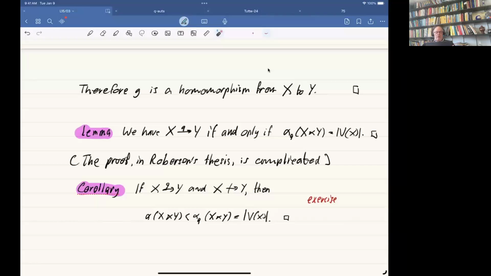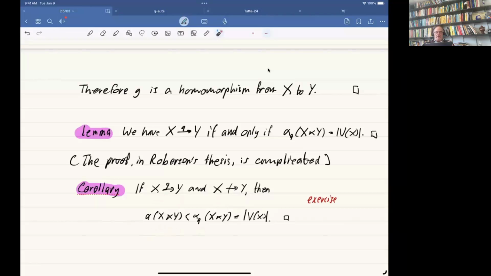Now, a corollary of this is that if there's a quantum homomorphism from X to Y, but no homomorphism from X to Y, then the coclique number of the homomorphism product is less than the quantum coclique number of the homomorphism product.